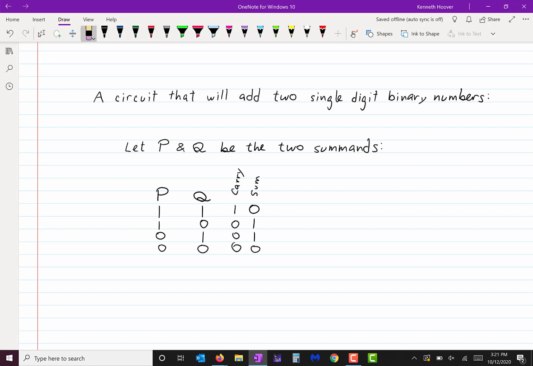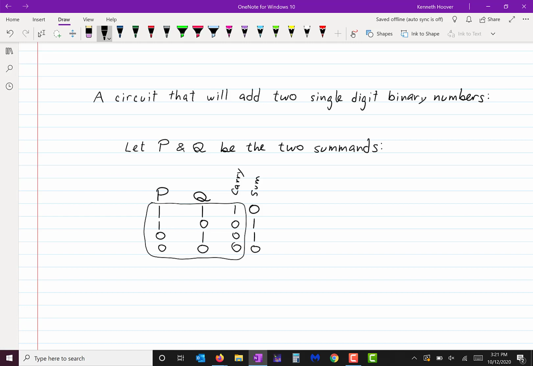Now, let's look at P, Q, and the carry. You might recognize that this is exactly what an input-output table looks like for an AND gate.